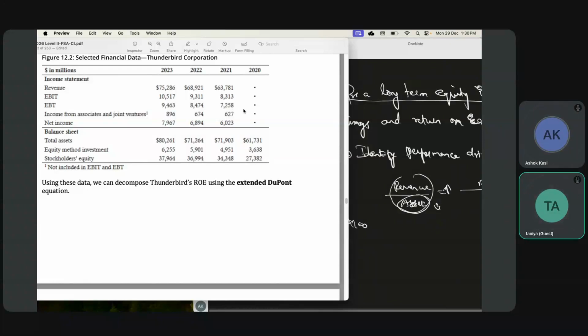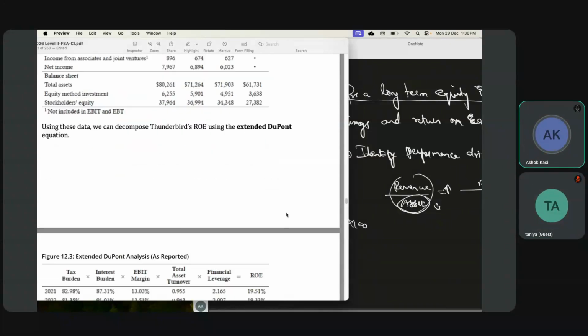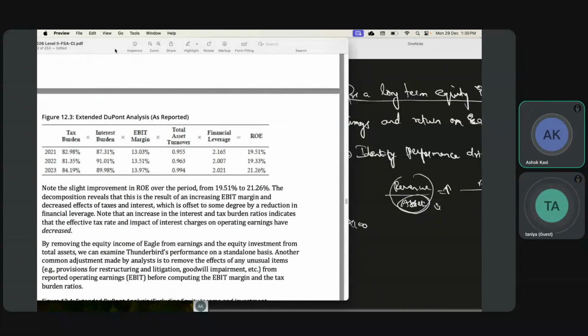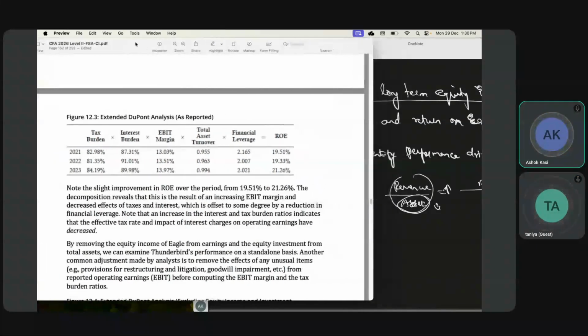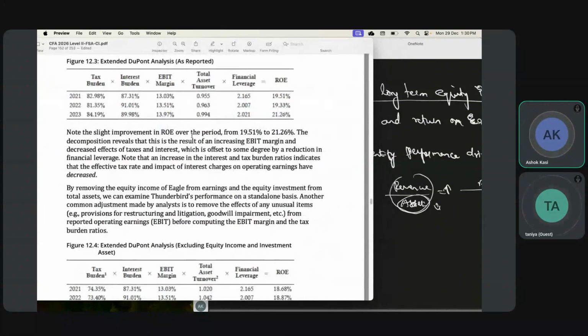It's 87.3%. So the interest charges and tax burden have decreased.